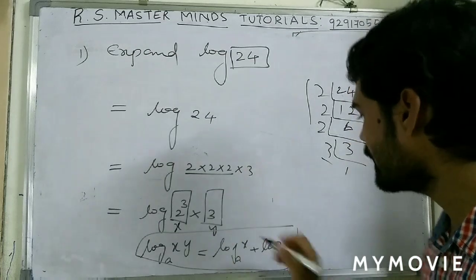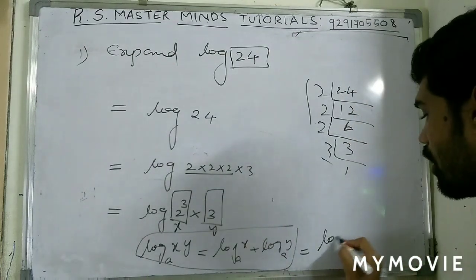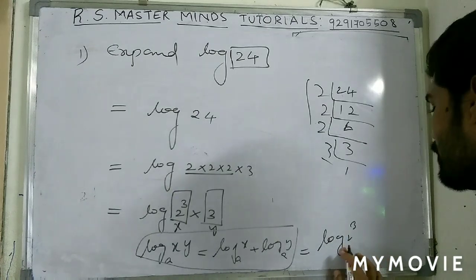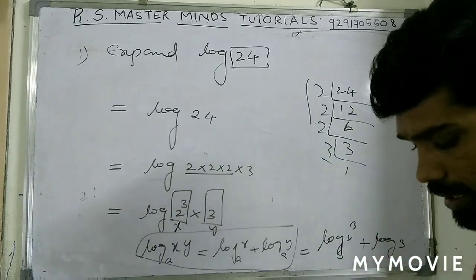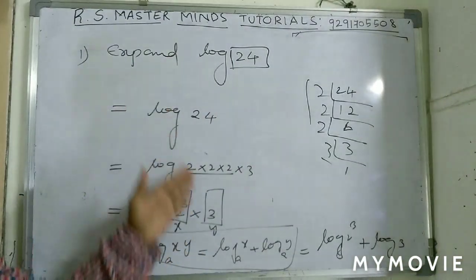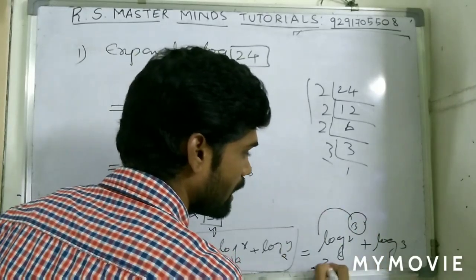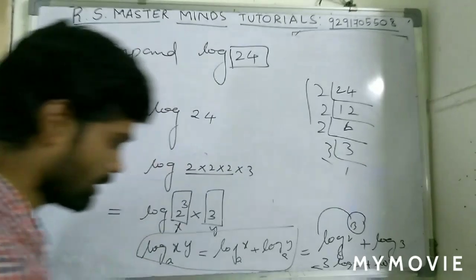The same way it can be expanded and written as log 2 power 3 plus log 3. This is the answer. One more step can be written: the power becomes multiplication, 3 log 2 plus log 3.